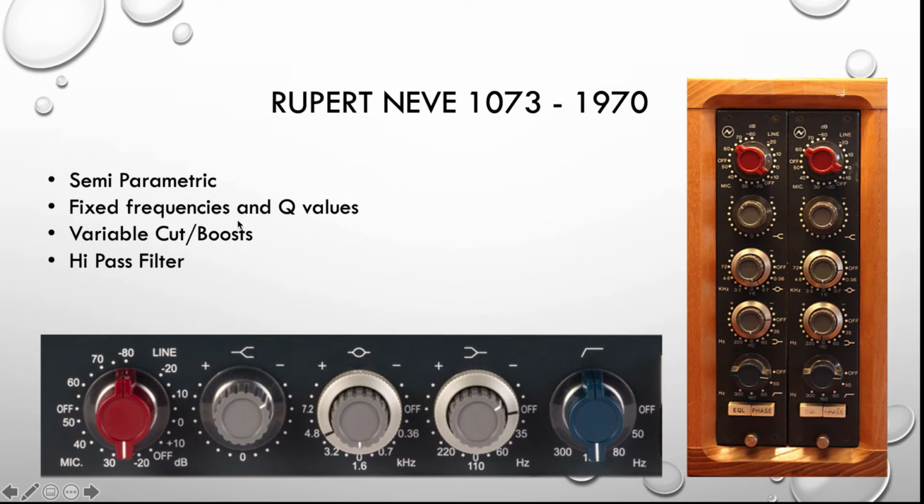So with this, we have a semi-parametric EQ where we have fixed frequency bands. So we're looking at 35 or 60 or 100 or 220. So this dial here on the outside determines which of those 4 frequencies you're working with. Same thing with this mid control, same thing with the top end control. They are always shelves, and the one in the middle is always a bell curve.